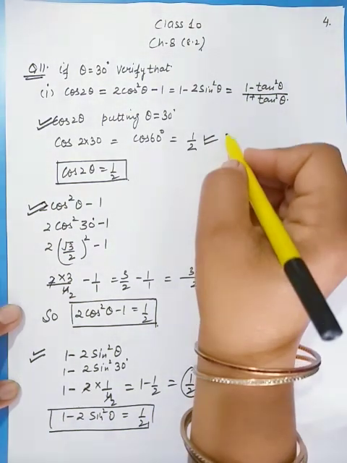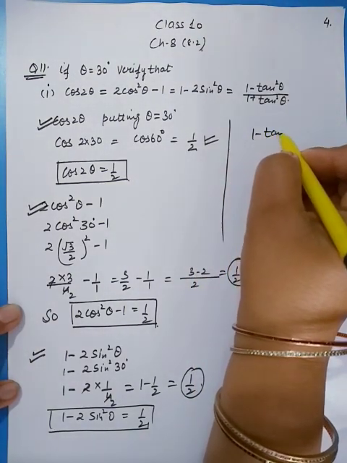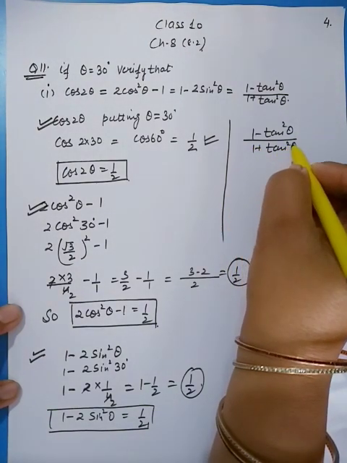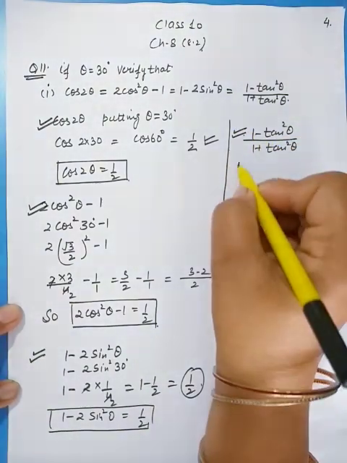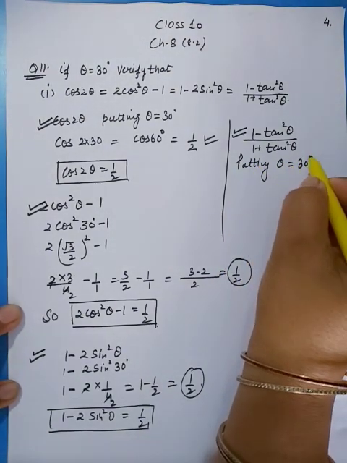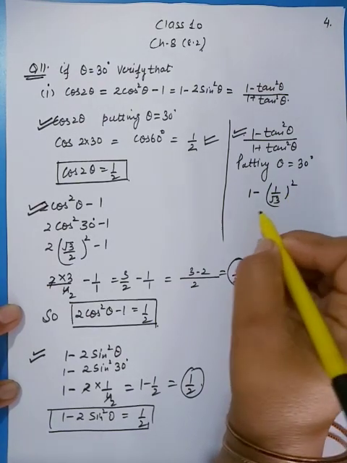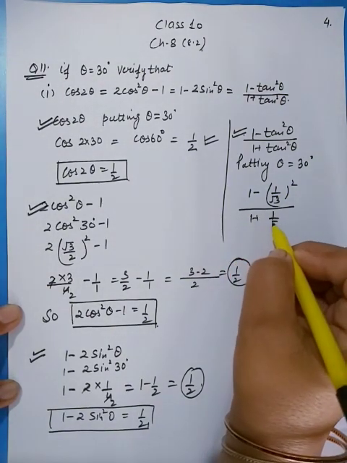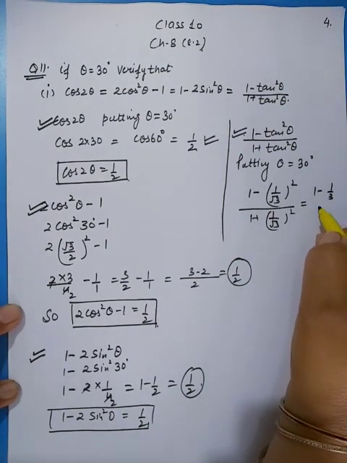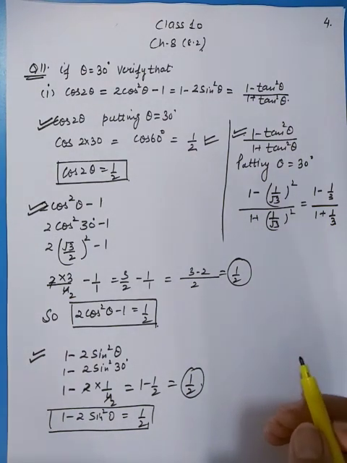Now we are left with 1 minus tan square theta by 1 plus tan square theta. Again putting theta is equal to 30 degree. We get 1 minus 1 by root 3 square by 1 plus 1 by root 3 square. And it will be 1 minus 1 by 3, 1 plus 1 by 3.